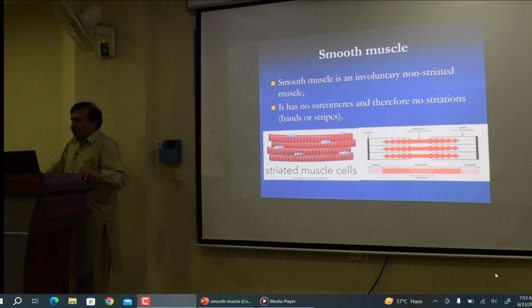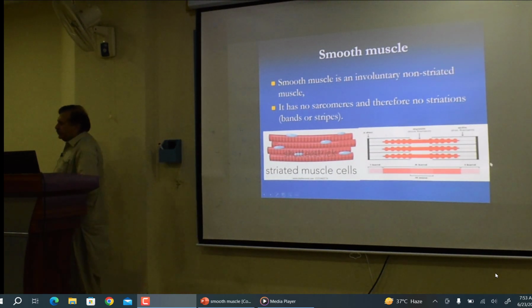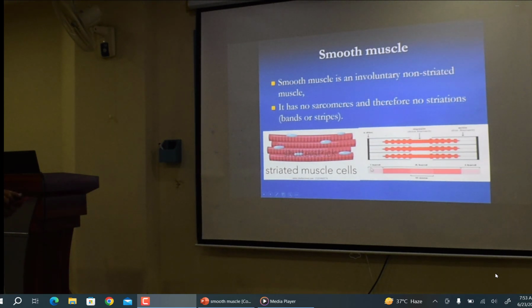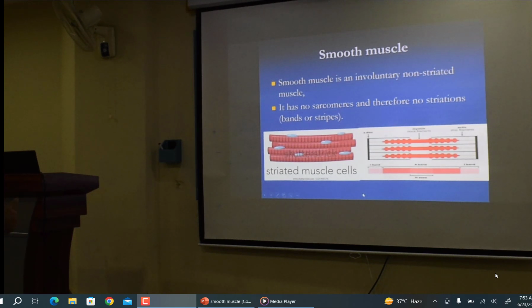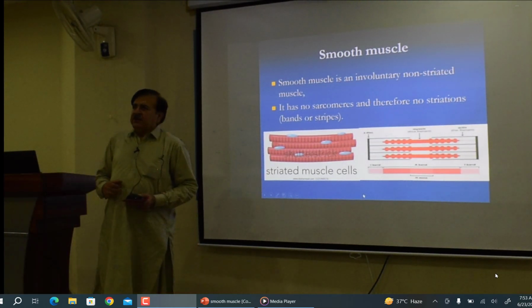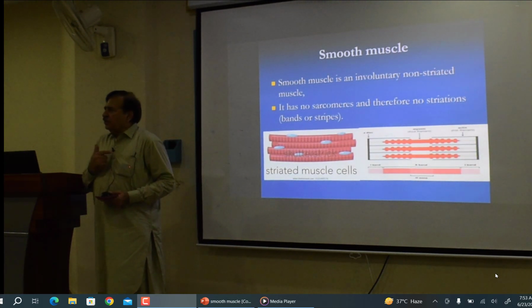Like in case of digestion, once we ingest the food, the digestion starts and continues until the full process is ended. In the respiratory system we can stop the respiration for some time, but we can't stop it totally, so it is not under our control.